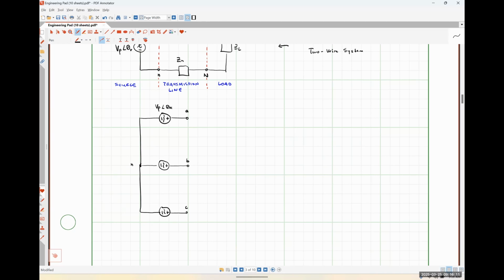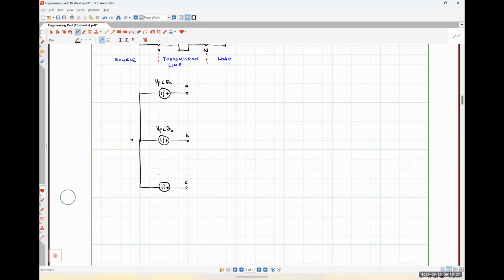So this is just my phase voltage, whatever it happens to be. And the angle for my A phase. This is going to be my phase voltage with an angle of theta B, where I'm assuming that theta A and theta B are different numbers. And then lastly, down here, I'm going to have VP with an angle of theta C. So this is my 3-phase source.